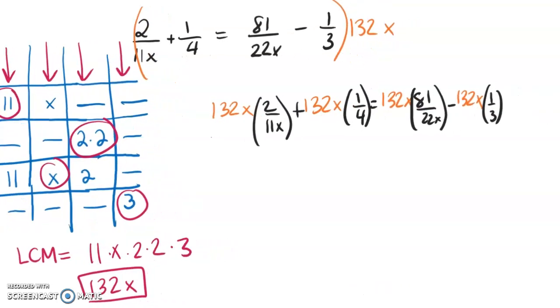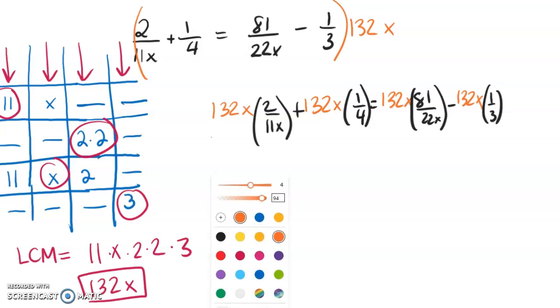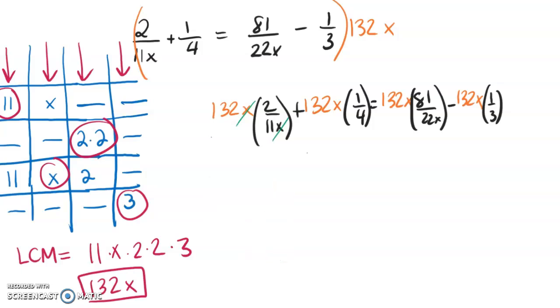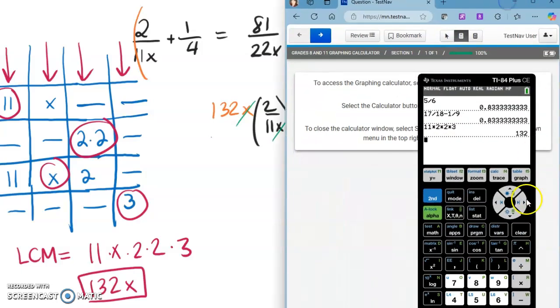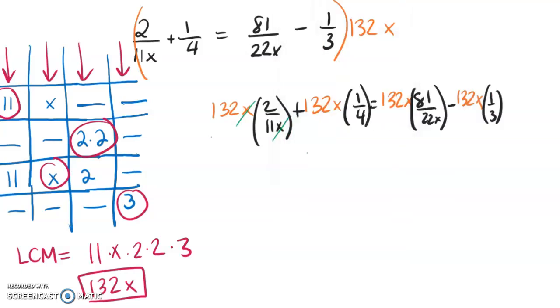I have to keep in mind that I can use the calculator to help me here, because these are larger numbers that I'm not familiar with when factoring out. The x's factor out here. But what about 132 divided by 11? What is that? It should work out to a whole number, because if I pick the right multiple of the denominator, it will. So I get 12.